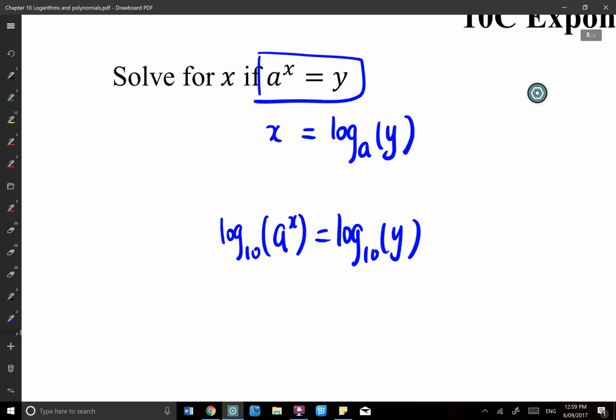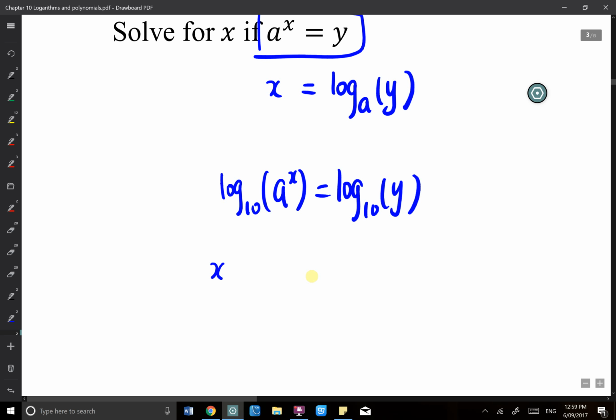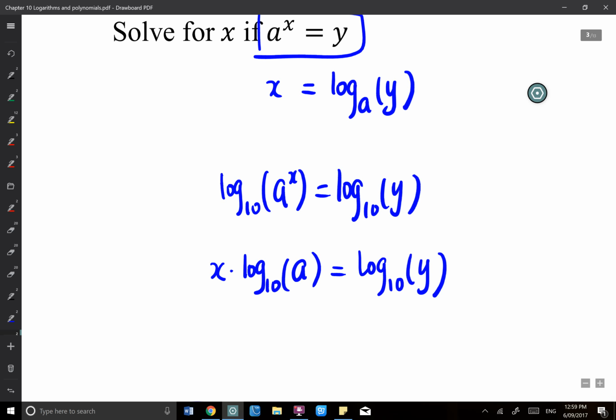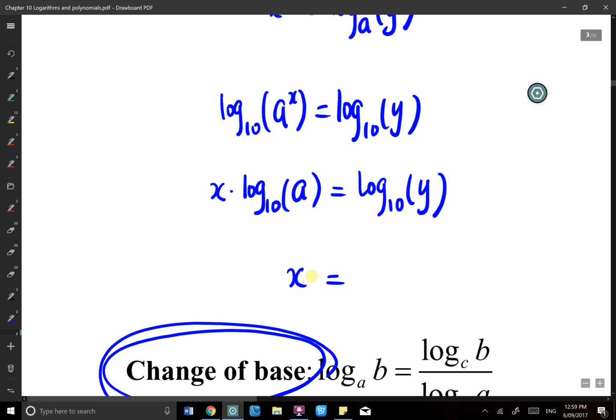It must be the same. So what I can do here is bring the x to the front by law number 3. Because that's the power, I can drag the power to the front. So my x will equal log 10 y divided by log 10 a.